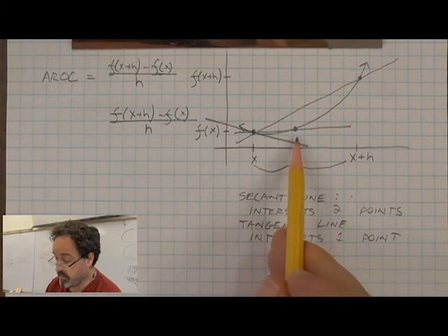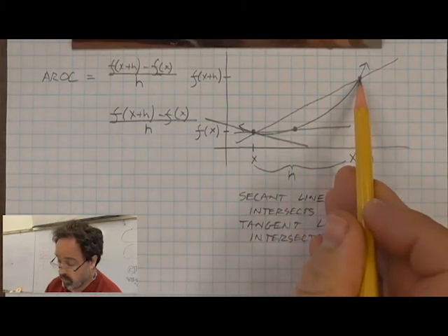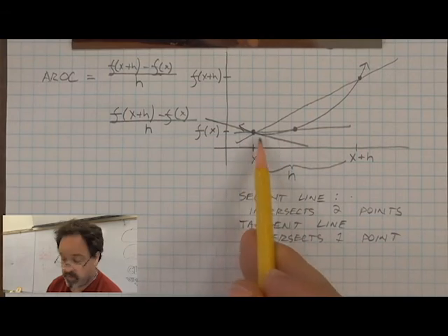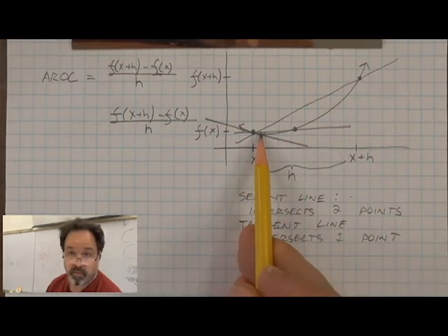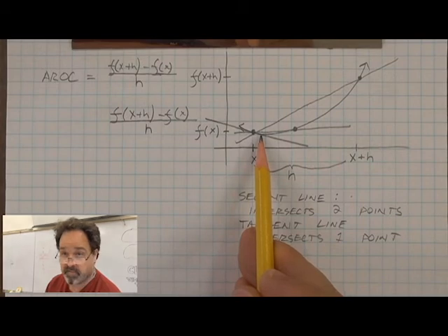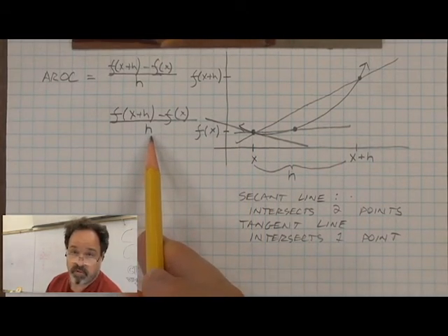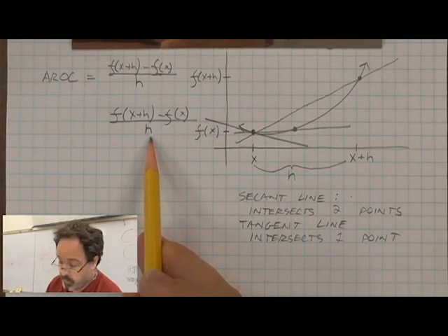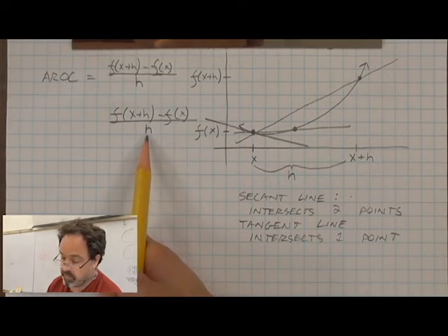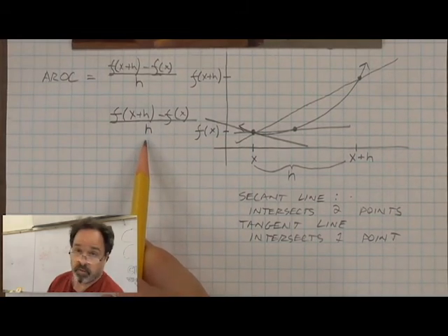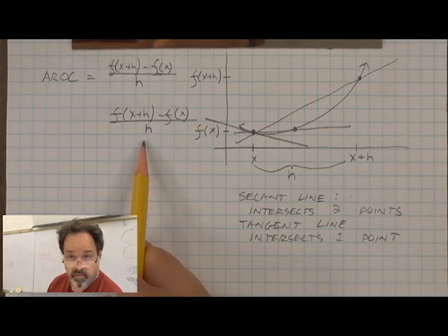When we slid the second point closer and closer to x so that the distance between them disappeared, because the 2 points came to be in the same location, the distance became 0. But what happens if we replace h with a 0 in this expression? We would then be dividing by 0, and we can't do that. So we need help from calculus.